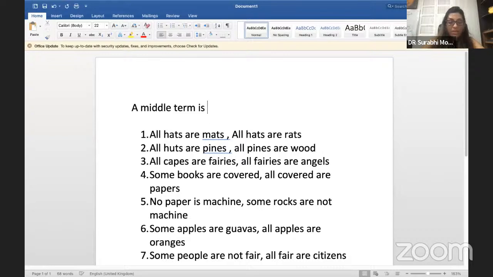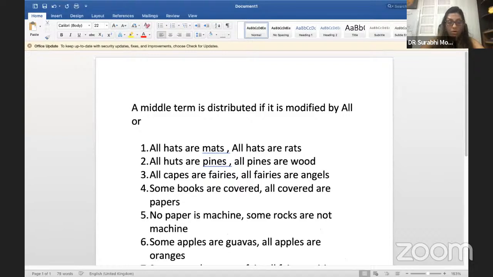A middle term is distributed if it is modified by all or no or not. All right.